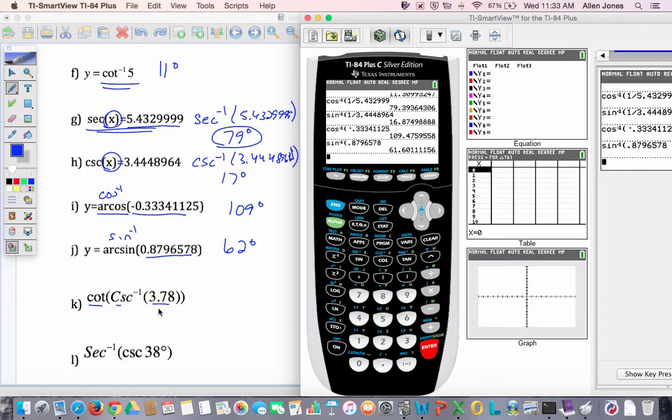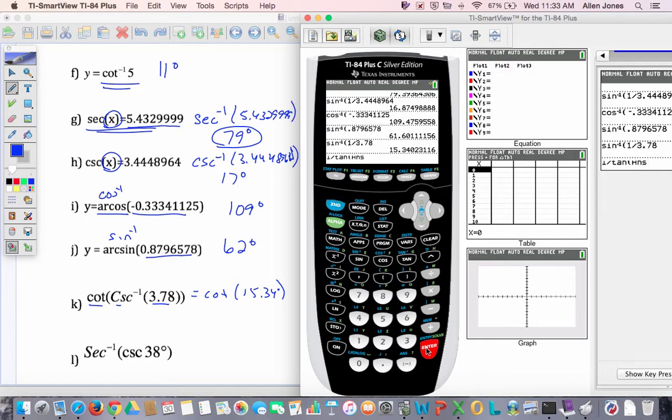A couple of complex ones down here, what I'll call compound, because we have two functions here. I'm going to go one step at a time. I'm going to start inside the parentheses, the inverse cosecant of 3.78. That tells me 3.78 is a ratio. So inverse sine of 1 divided by 3.78 gives me an angle of about 15.34 degrees. So now we're finding the cotangent of 15.34 degrees.